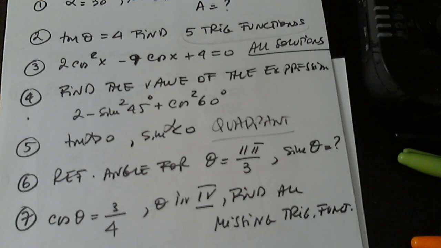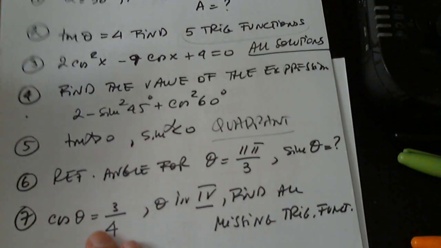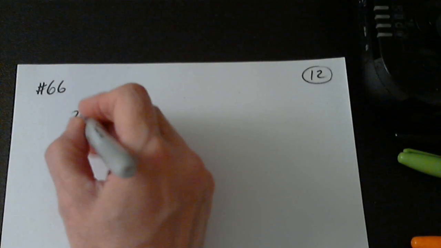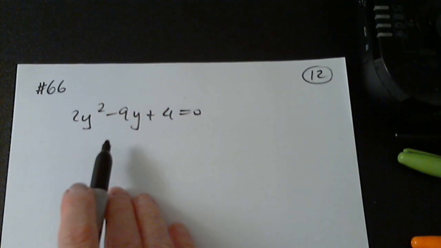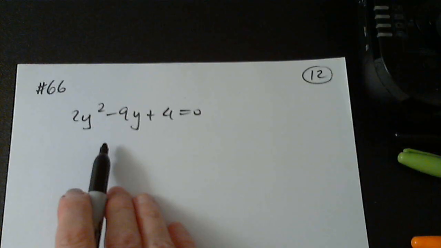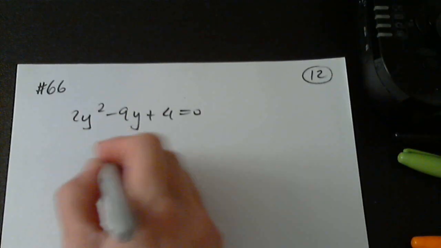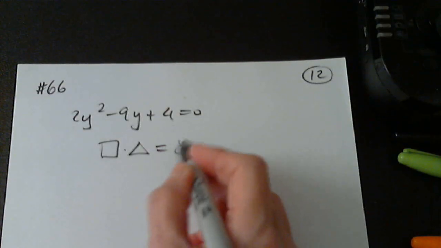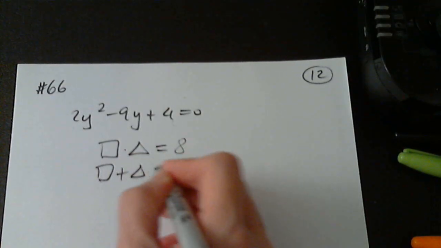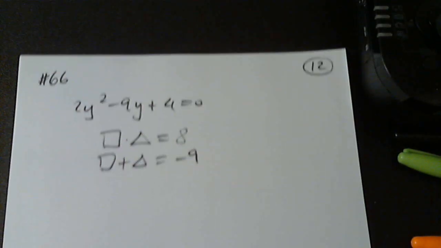For factoring, I guess. So for 2y² minus 9y plus 4 equals 0, as we discussed a long time ago, the product has to be 2 times 4, which is 8, and the sum is -9.